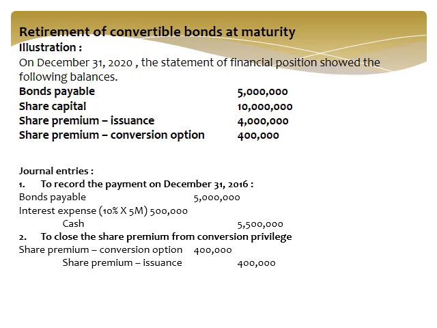Pero pag meron kasing retirement before maturity, usually, hindi siya equal dun sa face amount. Hindi siya equal dun sa liability, yung retirement price. Kaya meron tayong allocation ng retirement price. Pag yung convertible bonds, niretire siya at maturity, mas simple yung procedure, mas simple yung journal entry.